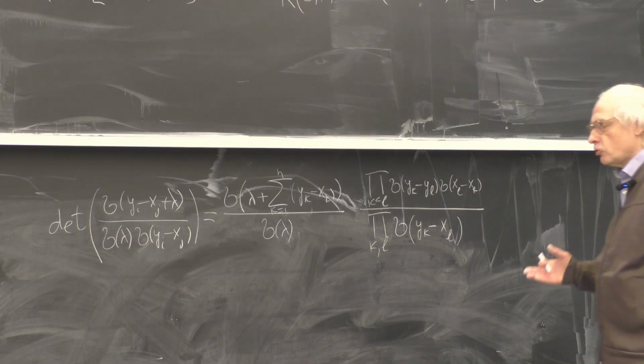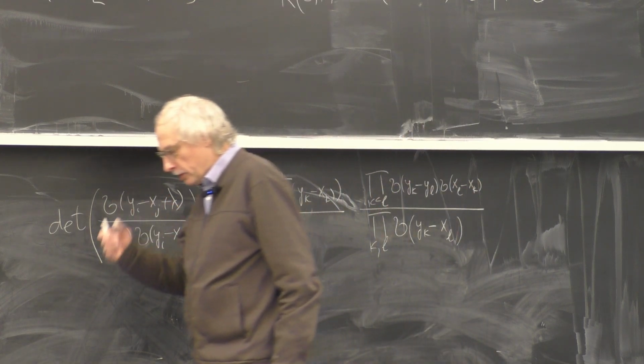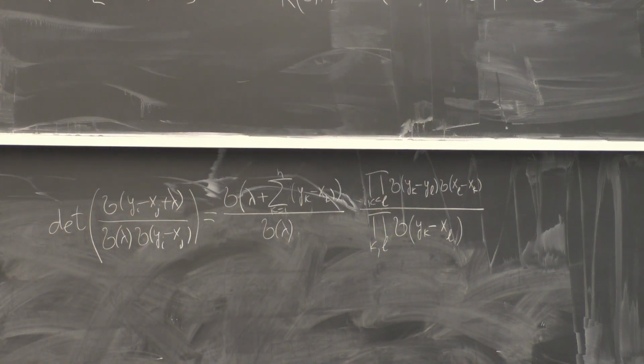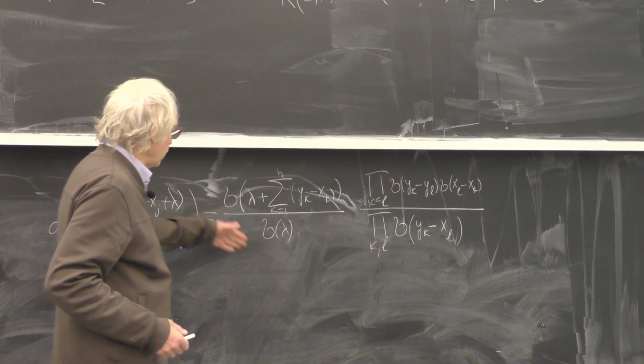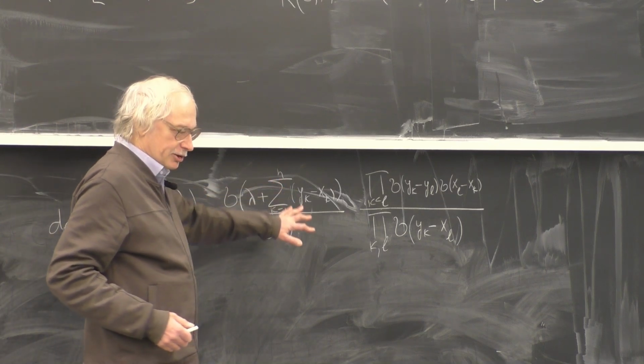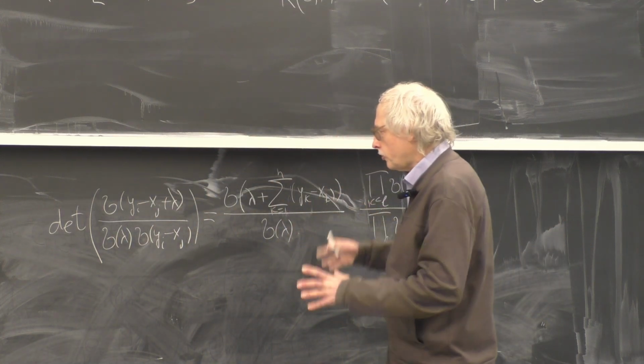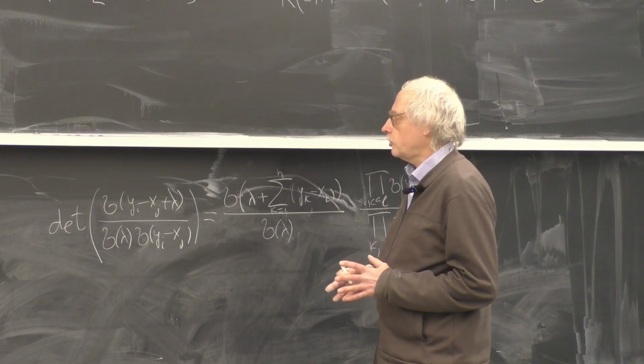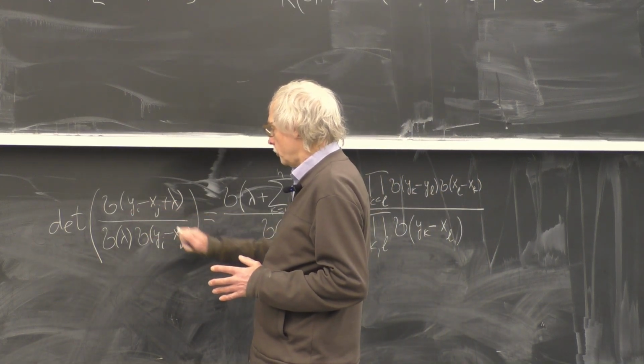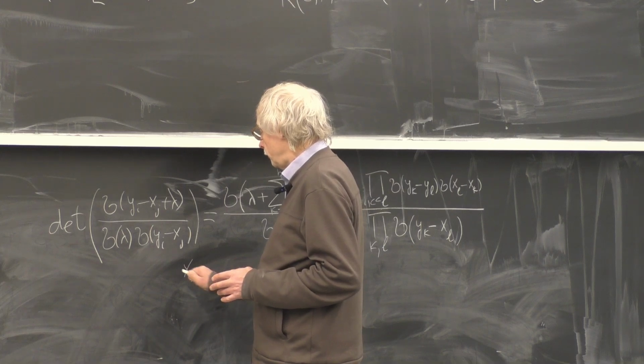It can be done in the way which I explained before. Just divide everything by the right-hand side, for example, and consider this function as a function of one of the arguments, say x1.